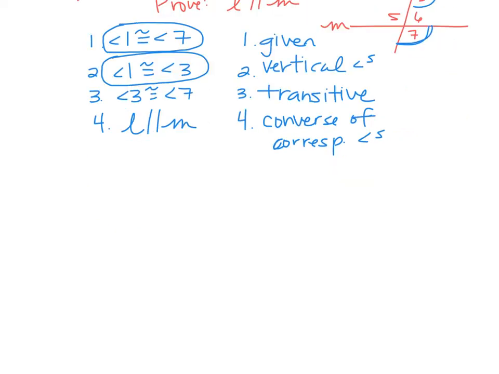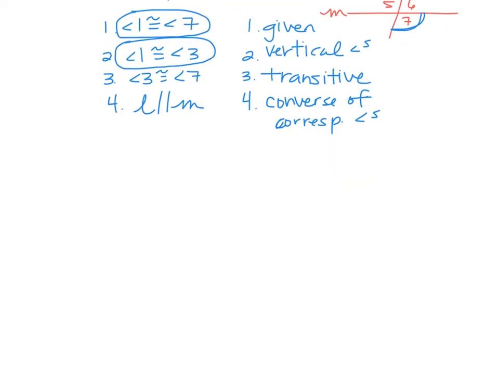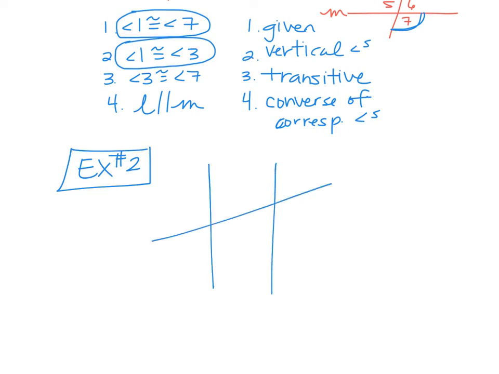Okay, 2 more. This one's quick. So let's say we have this, and here's angle 1, here's angle 3, and here's angle 2. And it says angle 1 is congruent to angle 2.